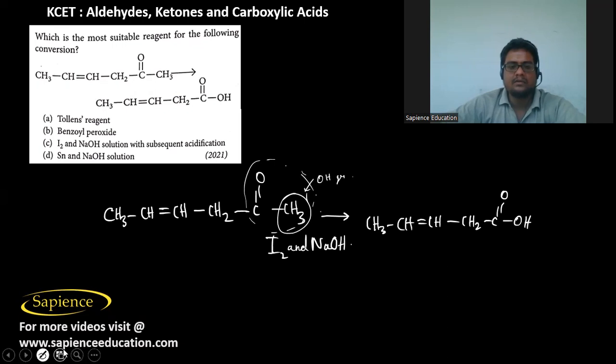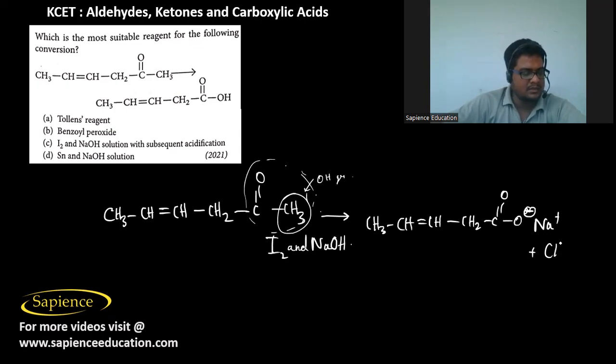So here first it will form the sodium salt of the carboxylic acid, which is COO minus Na plus, and it will form CHI3, which is the yellow precipitate of iodoform.